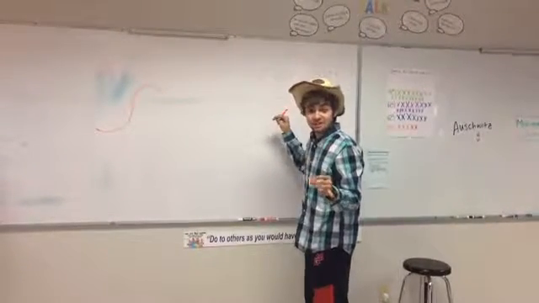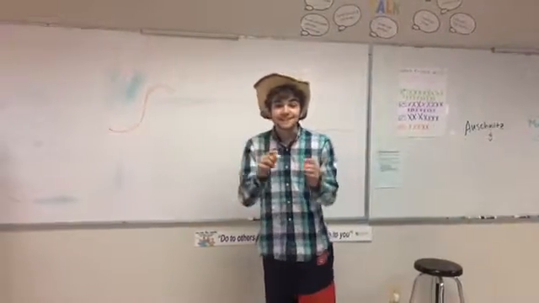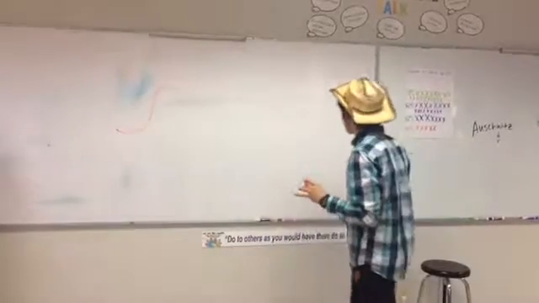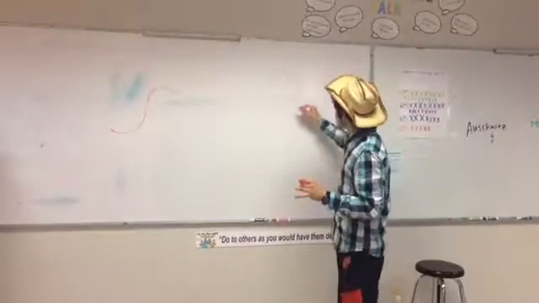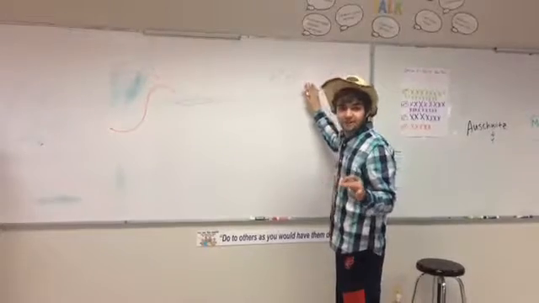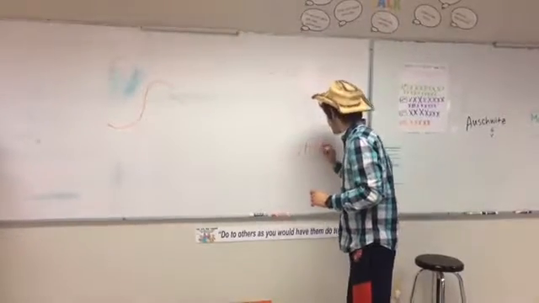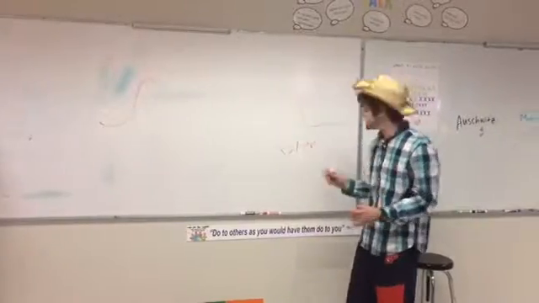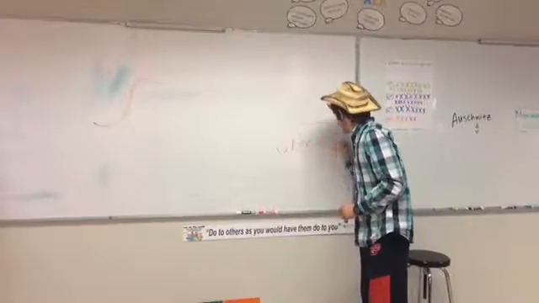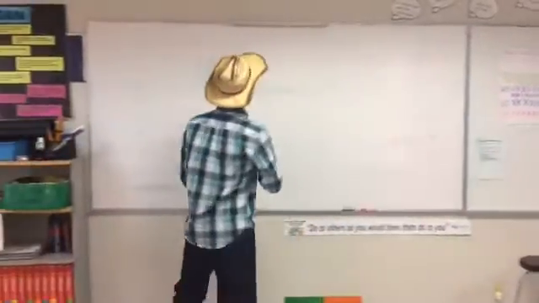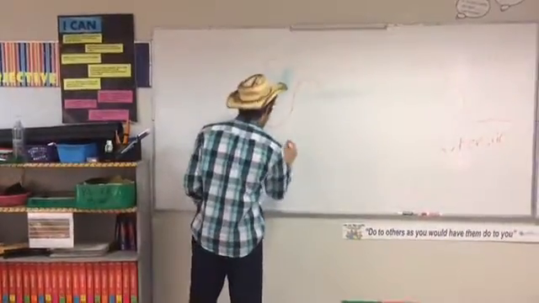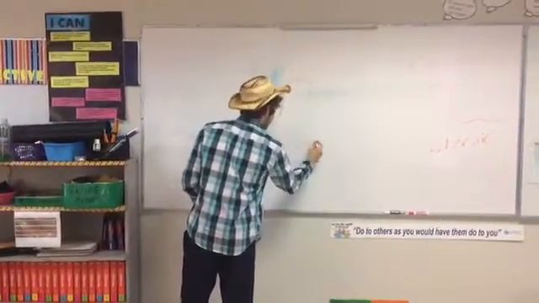And you also taught me that when the energy that is released is heat, it is when it is exergonic, it is exothermic, because thermic means heat. And when it is endergonic, it is endothermic.